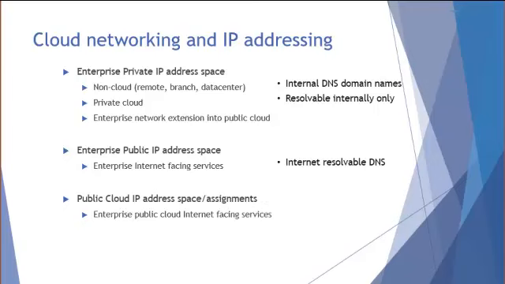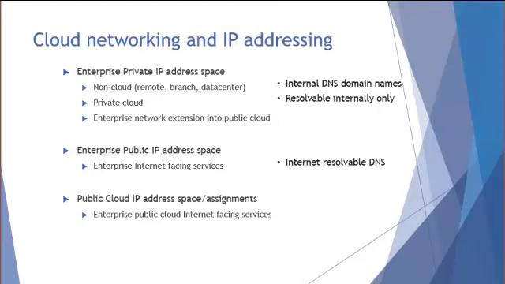And then the public cloud address space. Again, this is going to depend. Going back to the private network extension, that of course would use the private address space as we discussed. But if there are aspects of the public cloud that you're leveraging for internet reachable resources, this is really where you'd have that address space that the public cloud in essence owns or manages.